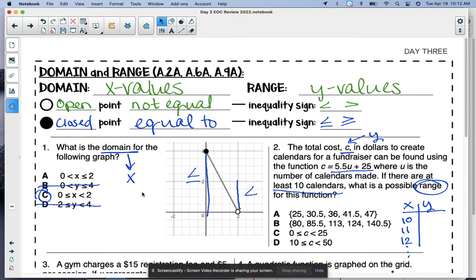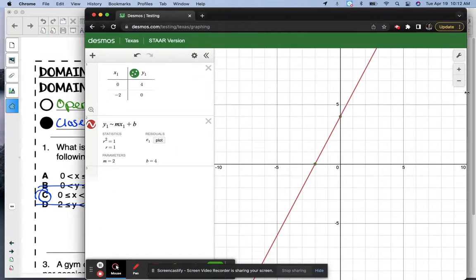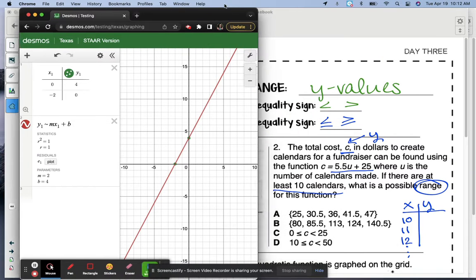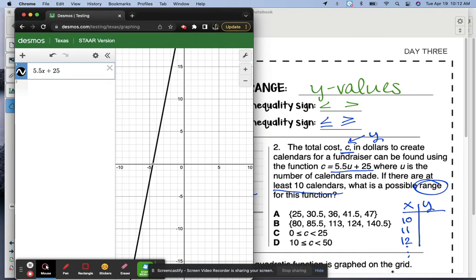I need to find the total cost for those numbers. So what I'm going to do is go to Desmos. Let me minimize this a little bit. And I'm going to type in this function given to us, except I'm using x. So 5.5x plus 25. And I'm not really concerned about the graph. I want to look at the table.